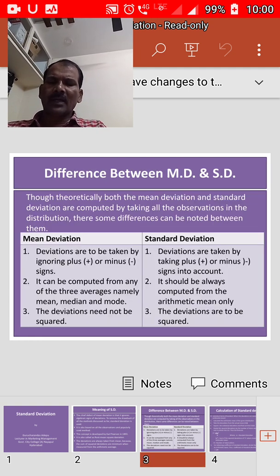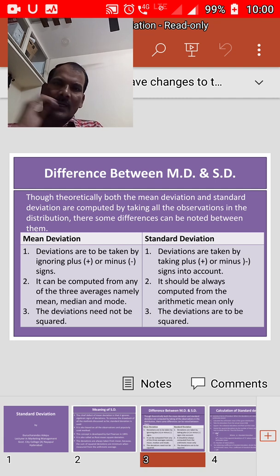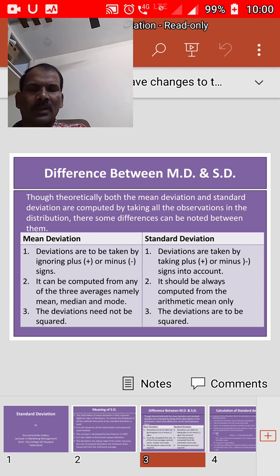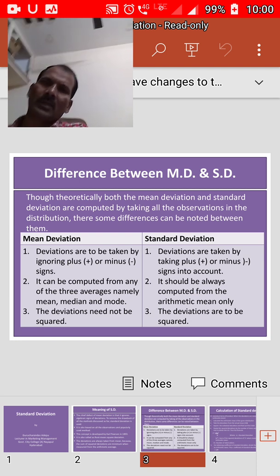Next, differences between mean deviation and standard deviation. Though theoretically both the mean deviation and standard deviation are computed by taking all the observations in the distribution, certain differences are noticed.